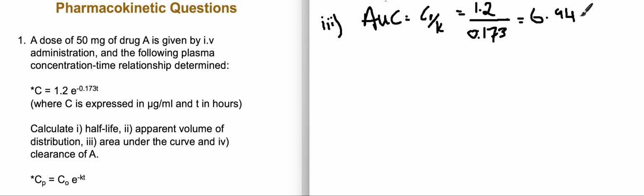So 6.94, the concentration is given in micrograms per milliliter, or you can change it to milligrams per liter, whichever you want.